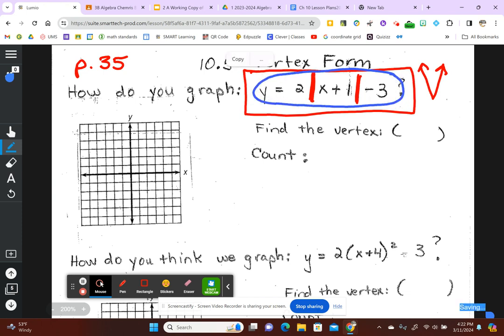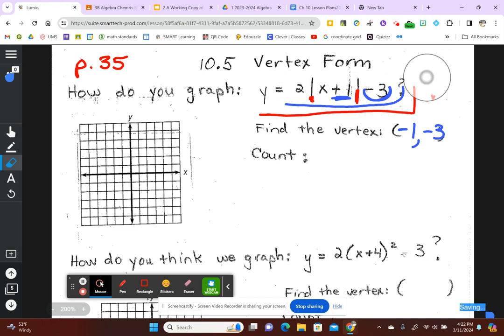Think about it. The way we found the vertex was we looked at the opposite of what was inside with x. So this would be -1. And then we looked at what was outside, and this vertex would be -1, -3. If you forgot that, that's a quick review on how to find the vertex.